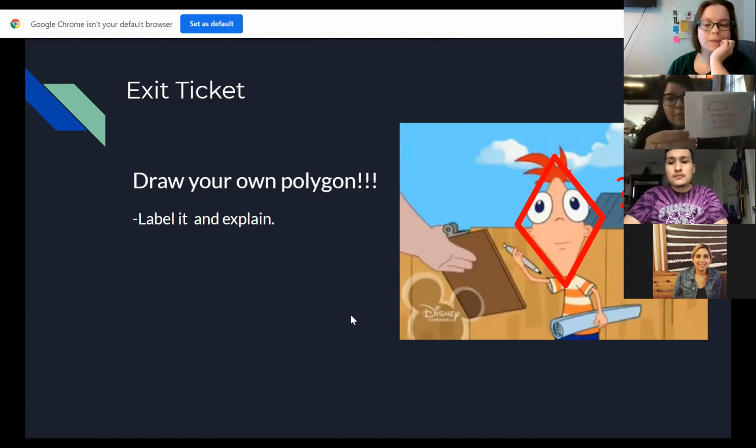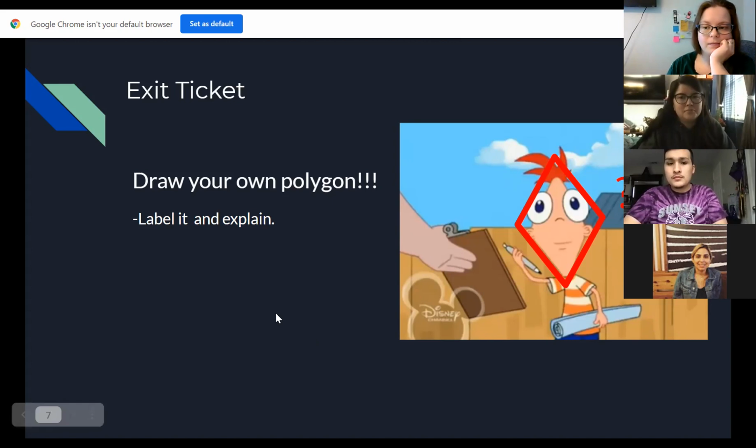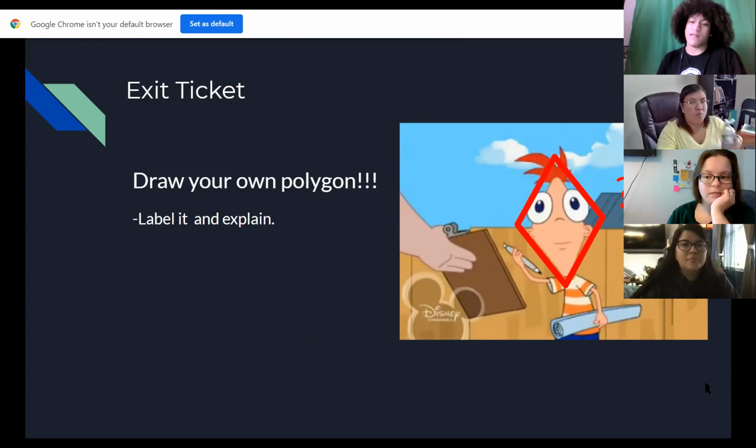I just did a trapezoid. So it has 4 edges and 4 vertices. Okay. So the trapezoid and the rhombus, what would those classify as? Quadrilaterals. Yeah.